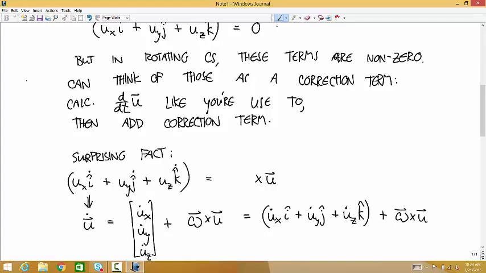We want to keep those separate in our mind. So let's call this uppercase Omega. That's the angular velocity of the coordinate system.